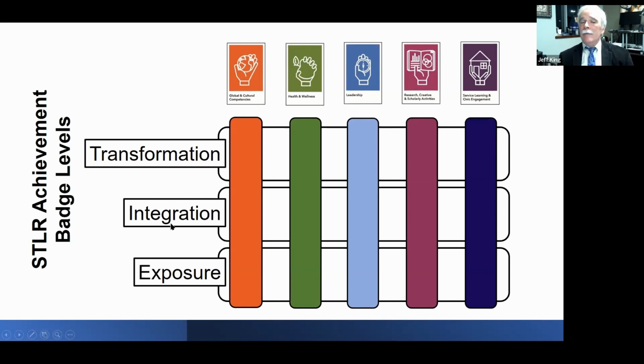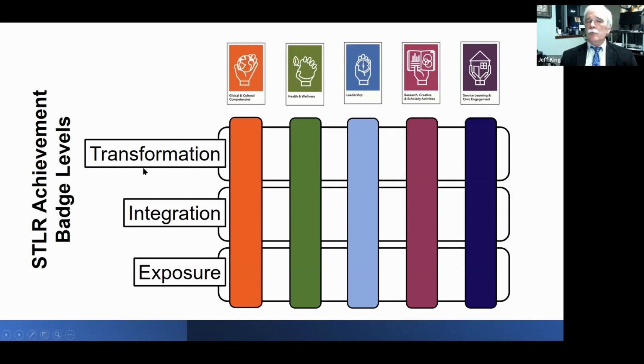But the second level is integration, and a student assessed at that level is assessed that way because the faculty member or the staff member knows and can tell in the artifact the student provides that he or she is beginning to integrate an understanding of what leadership really means for her and how she or he interacts with other individuals.